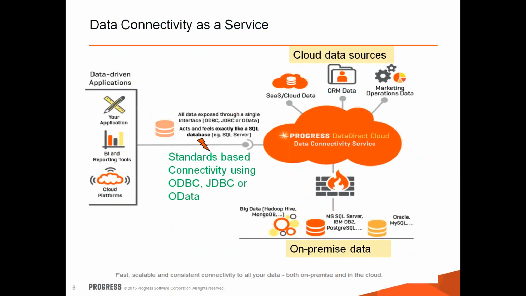The on-premise connector is just like any other driver that gets installed in your enterprise network that has access to any of your on-premise machines. Once you install it, it gets a unique ID that's used when you configure an on-premise connection from DataDirect Cloud Web. I'll show you those in a few minutes.